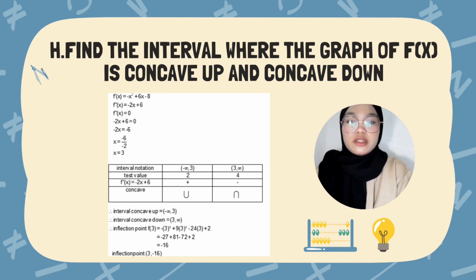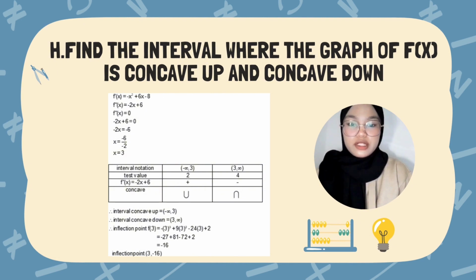We substitute the test value into it, so we get positive, and for 3 to infinity we got negative. So for the concavity, if it is positive, we get concave up, but if it is negative, we get concave down.